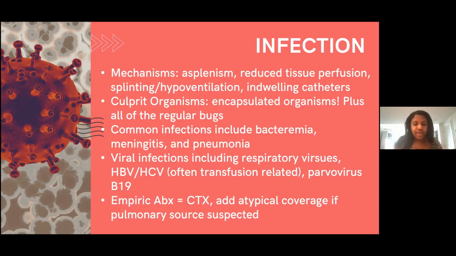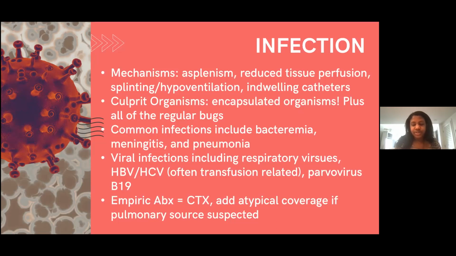Other mechanisms for increased infection risk include reduced tissue perfusion, having an indwelling catheter for chronic transfusions, and then we talked more about splinting before and hypoventilation from rib bone infarcts, and that atelectasis increasing risk for pulmonary infections as well. Bacteremia and sepsis are common in sickle cell disease.